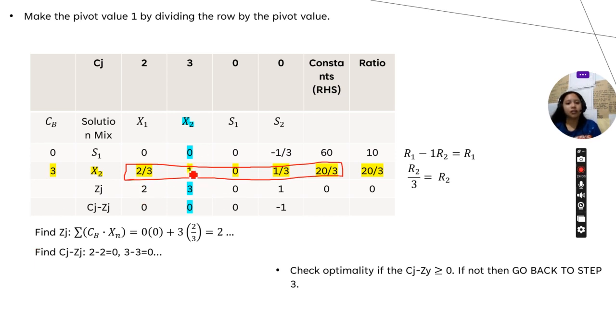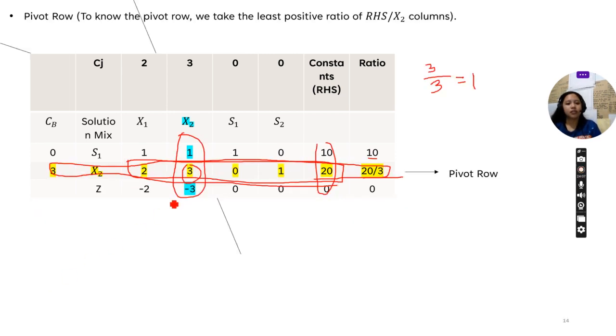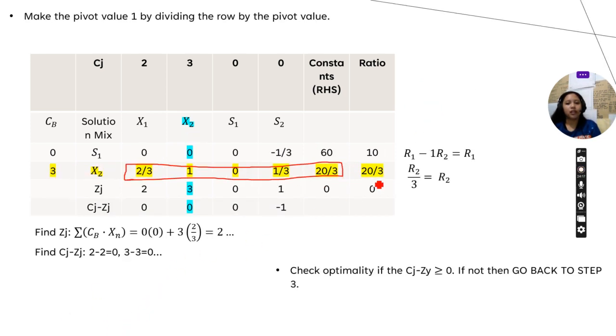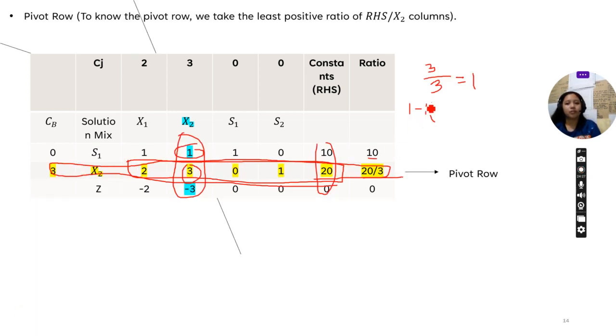The next step is to make this value 0. So to make that value 0, we should subtract 1 times the value of R3 here. According to this formula, the value of row 2 is 1. So let's multiply it by 1. So it gives us 0.